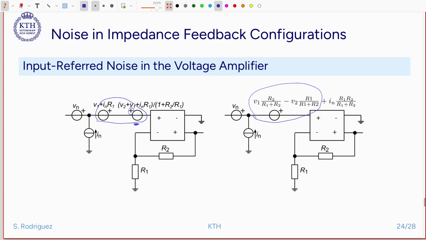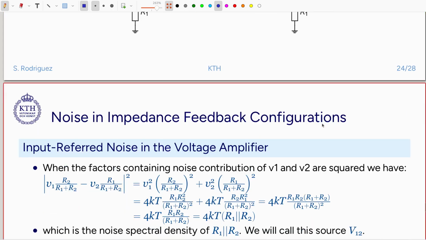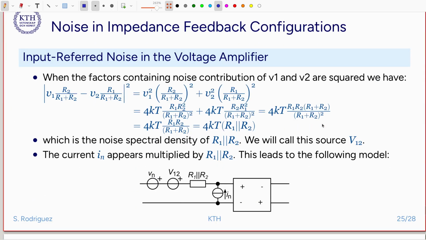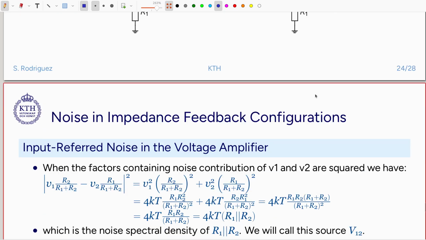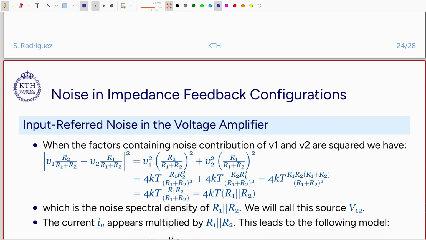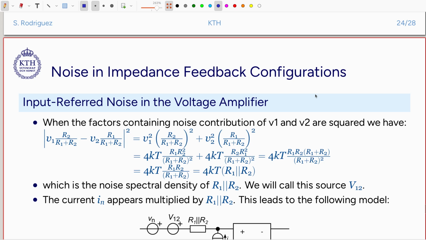We get the following expressions here, and then we can analyze these a little bit. So when we take only these two terms and square them, we will get the following equations.